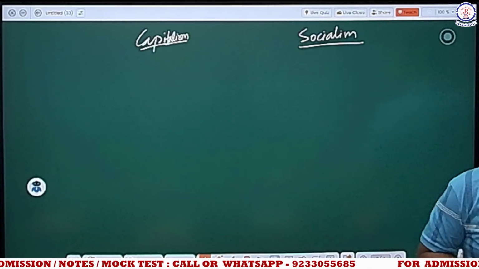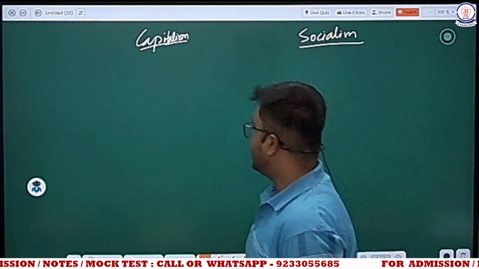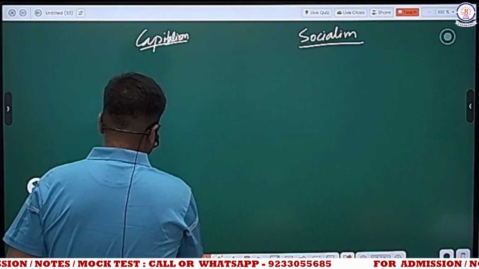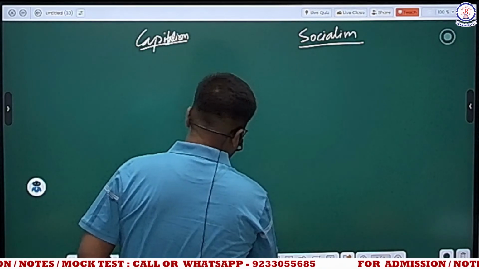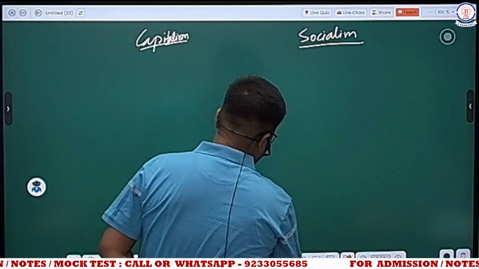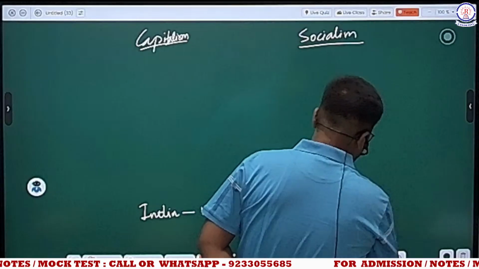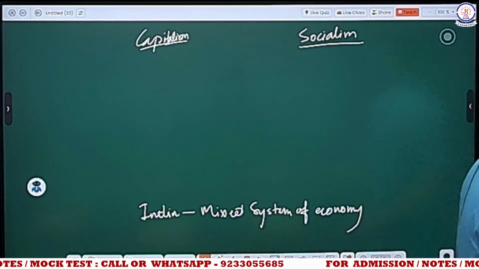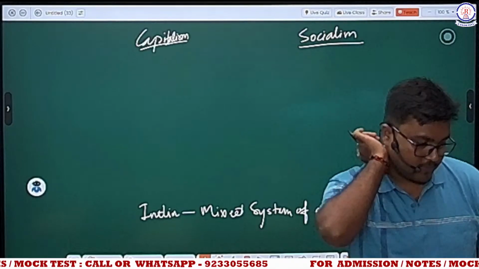Yes, India adopted a mixed system of economy, that is, it had features of both capitalism and socialism.